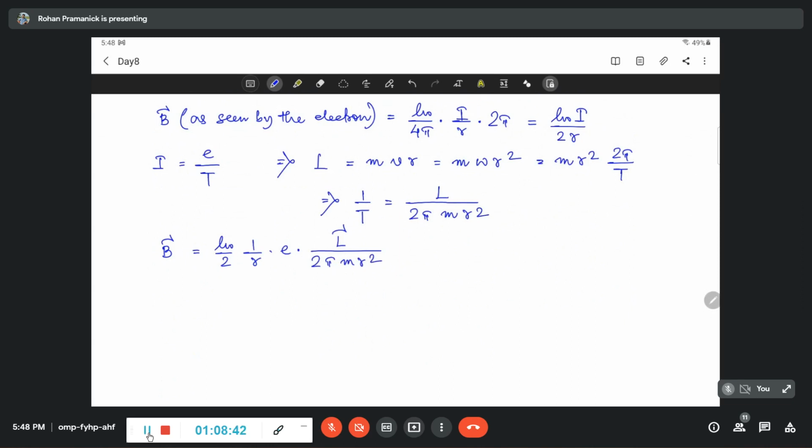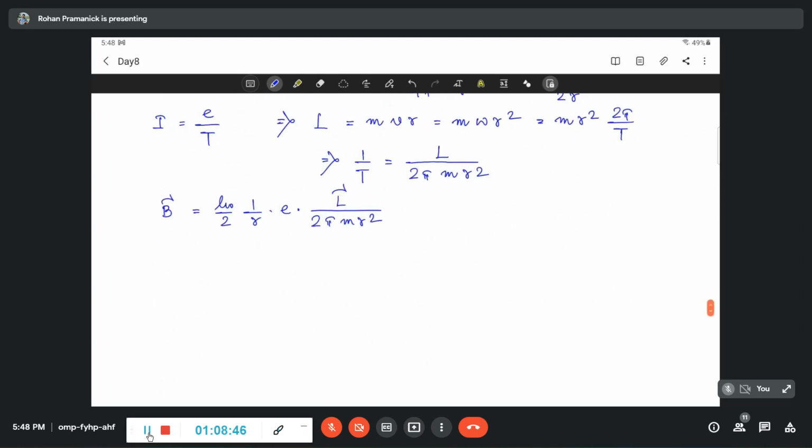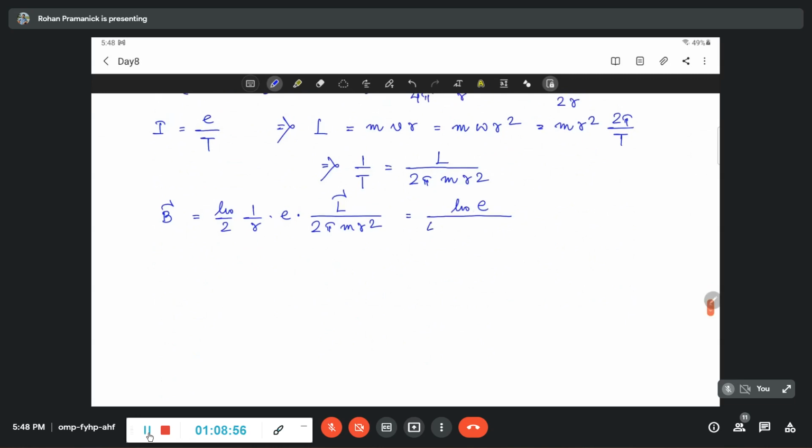And then we have to organize these things. This becomes mu naught e by 4 pi m, and then r cubed, and then an L.